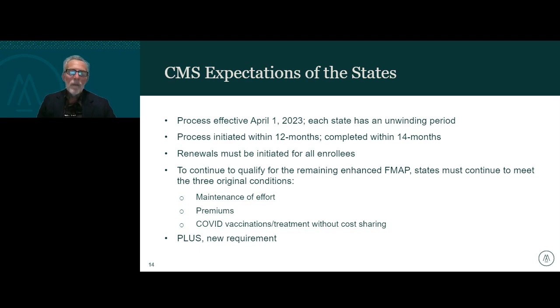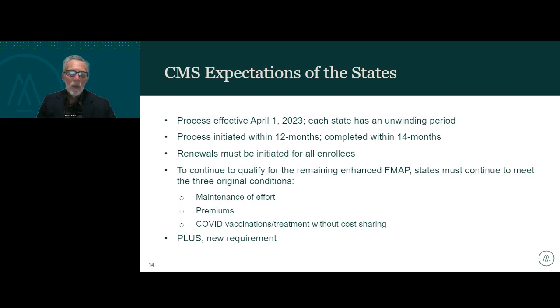The reason for that was to try to not overwhelm their current staff, as well as deal with the issue of hiring new staff, and also just to help prevent inappropriate termination. So that's a good thing. If they don't rush to this, then maybe we can mitigate some of this 6.8 million estimated movement of people that actually do continue to qualify to be on the rolls.